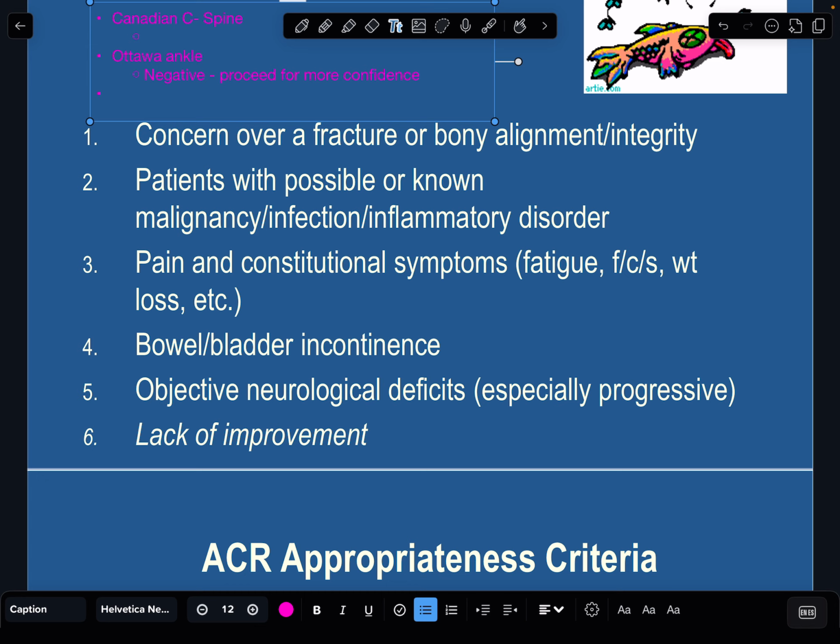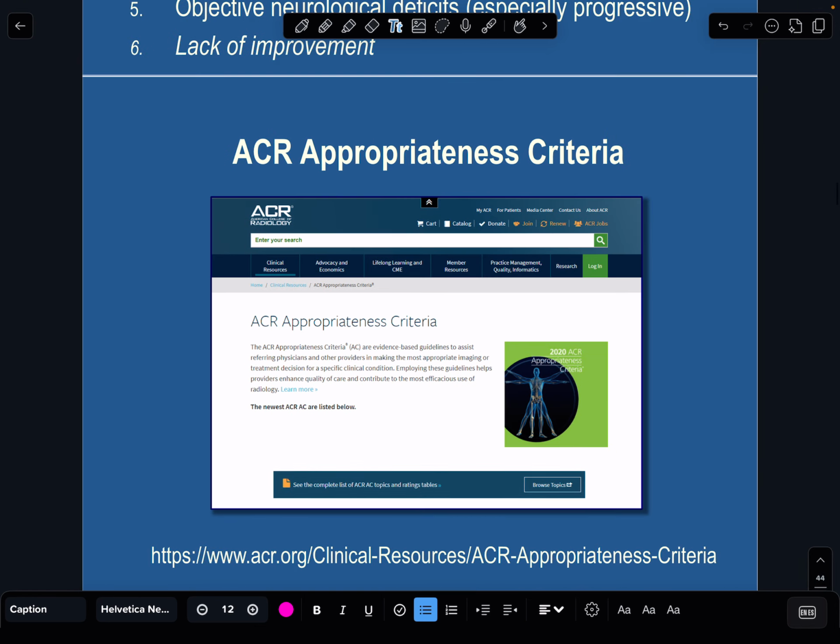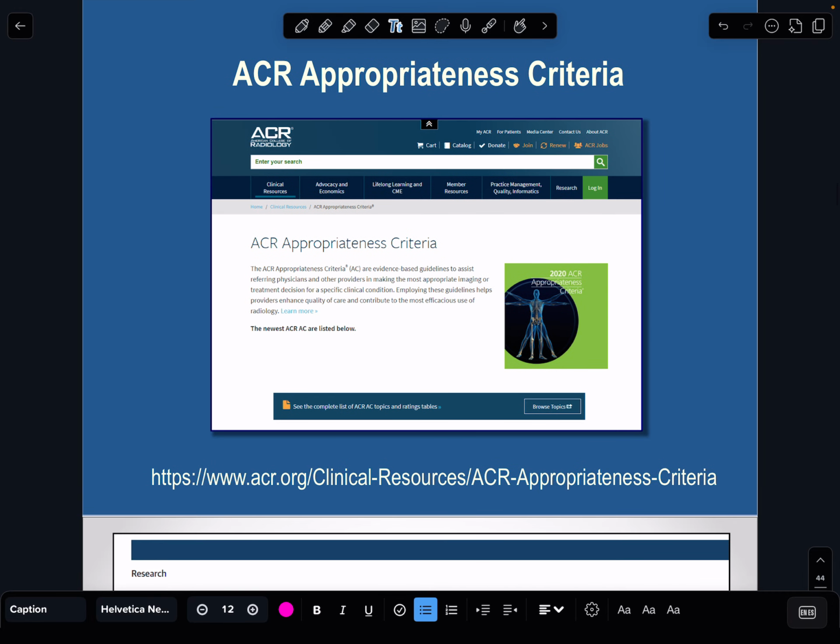But the bottom line here in terms of the gold standard are the American College of Radiology appropriateness criteria. Is anybody familiar with these? It's not an imaging course, but maybe if I can get online, I can show you some of this and how it works.